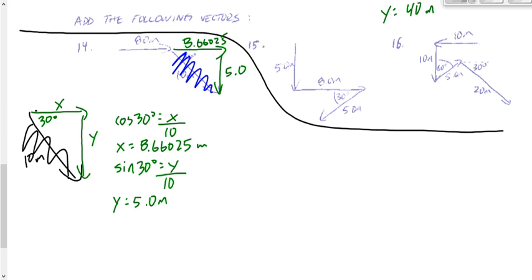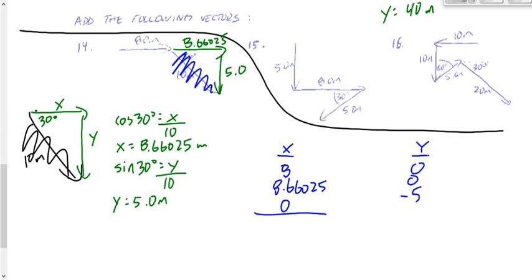So let's do our whole x and y thing. Let's say 8.66025 and 0. And the last one would be 0 and negative 5.